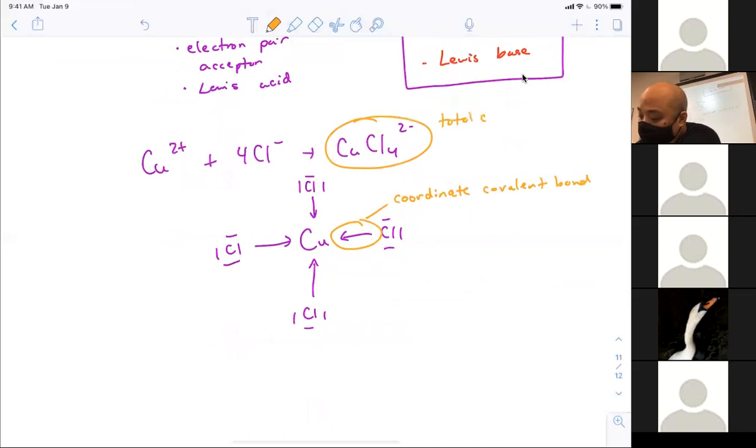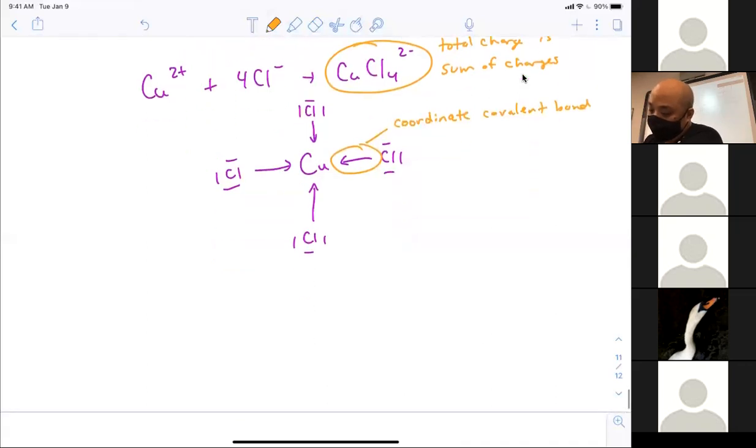And the total charge is the sum of the charges. So they might ask you, what's the oxidation number on the metal in this complex ion? You'd have to know what the ligand is and what its charge is, and then determine the charge of the ion based on that. For example, you might have Fe(NH3)6 3+.